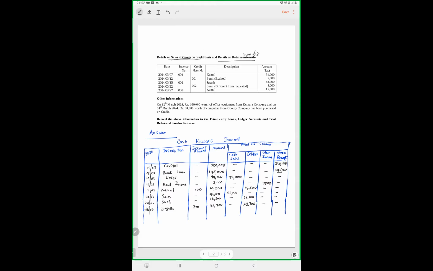So we can record sales of goods on credit basis in the sales journal and return inwards in the return inwards journal. Right. The first one, 7th March, invoice number 1, we have sold to Kamal, the amount is 31,000.